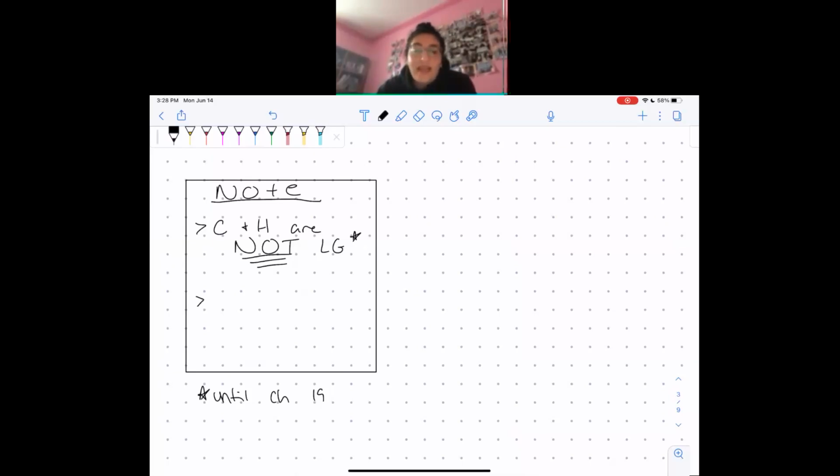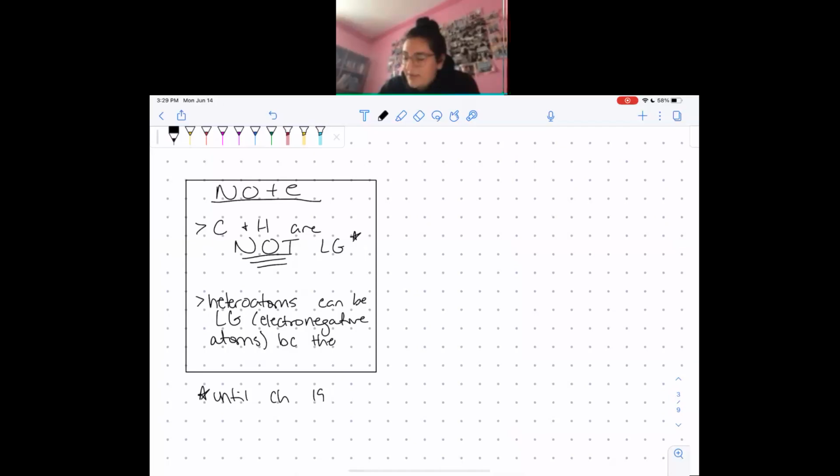And we can say any heteroatom, basically, can be leaving groups. Another way we can say that is electronegative atoms. And we know that's because they have weak bonds.